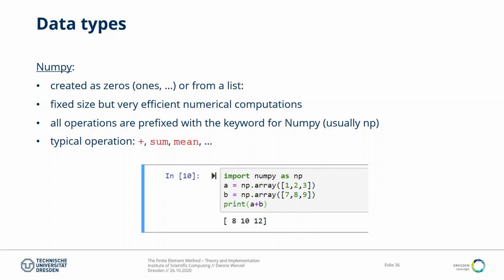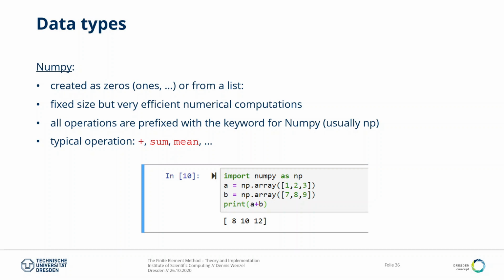The advantage of NumPy arrays is that because their size is always fixed, it is super efficient to do numerical computations, and you can perform all types of operations that you can imagine super fast. But of course it's difficult to change the size. So those two data types, lists and NumPy arrays, they go great together because whatever your use case is, you can find the one that suits them perfectly.